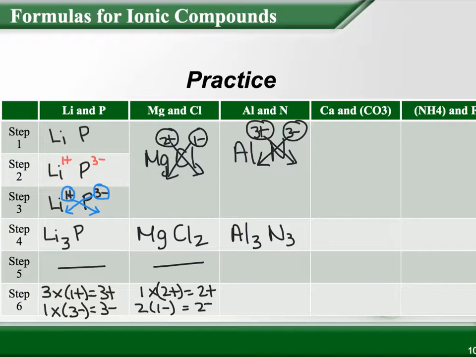Step 5, we need to reduce, and since they're both 3s, we will reduce it to 1s, and we don't write 1s. And then check charges. There's 1 of each, so I've got a 3 plus and a 3 minus, and it's going to balance out to 0.